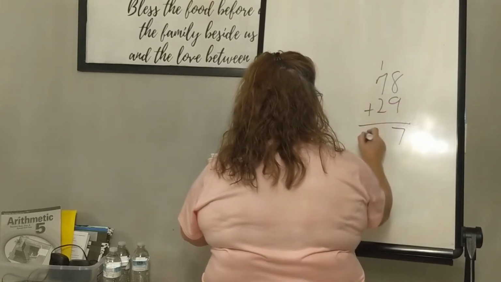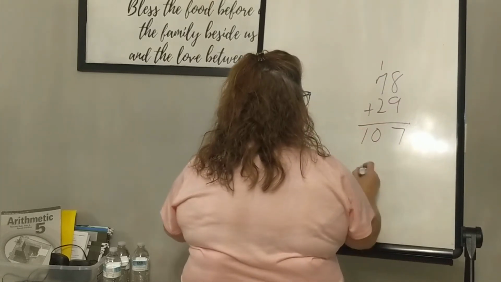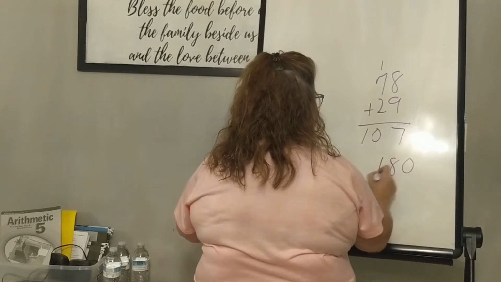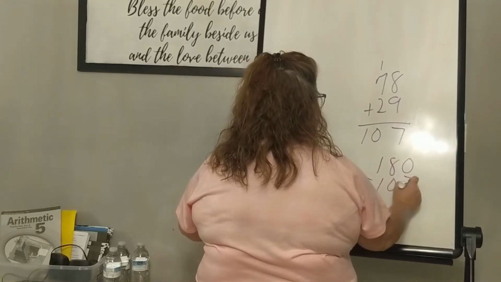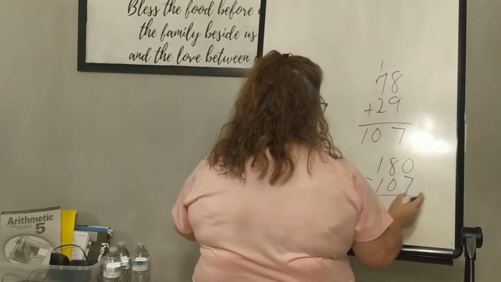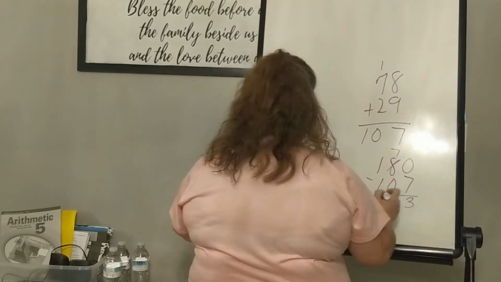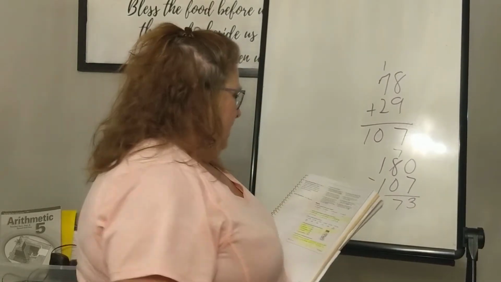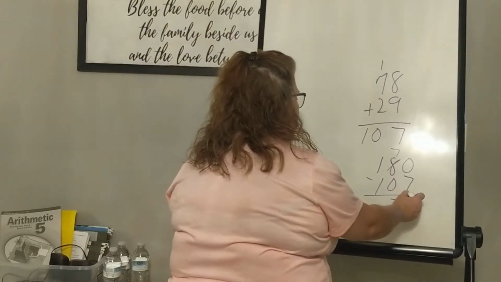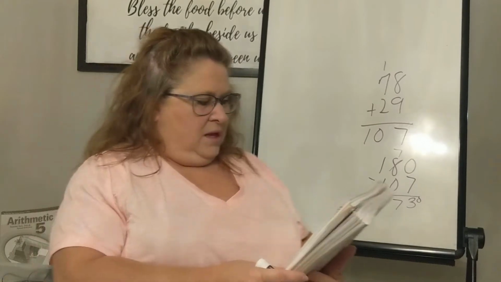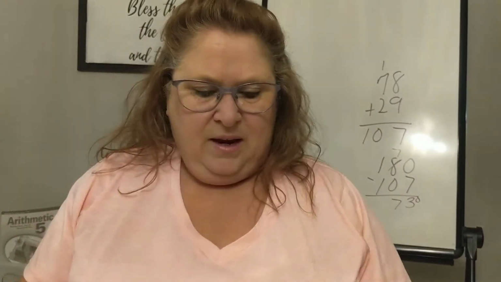Put 7 down, carry your 1. 8, 9, 10. 107. And we're going to subtract that from 180 degrees, because remember, the angles of a triangle equal 180. Okay? So our third angle will be 73 degrees.